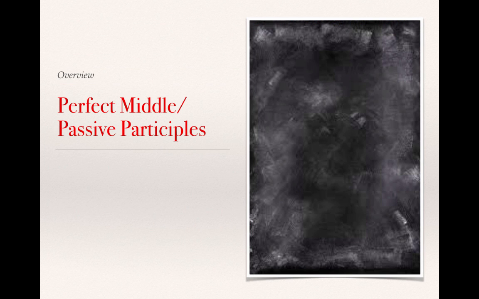This is our last new form that we'll learn in this lecture. It's the perfect middle passive participle. These forms will have reduplication, which is the singular marker of the perfect tense in this case. There is no kappa as we saw with the other perfect participles. Like other middle passive forms, however, there will be the infix men throughout.